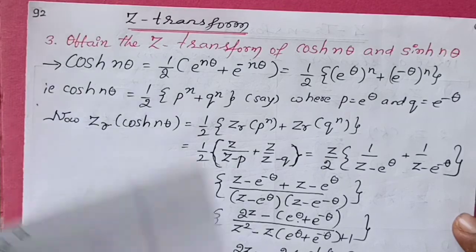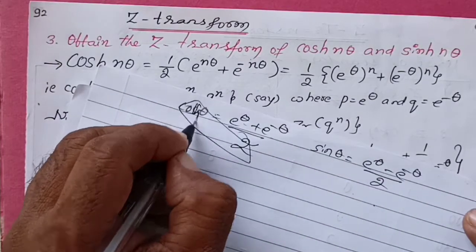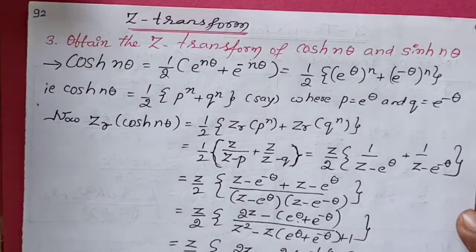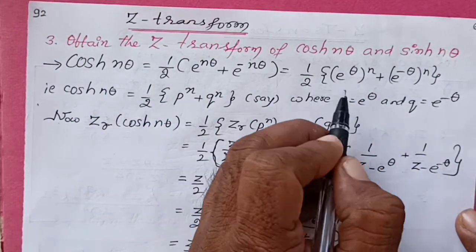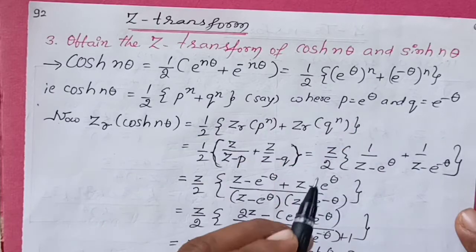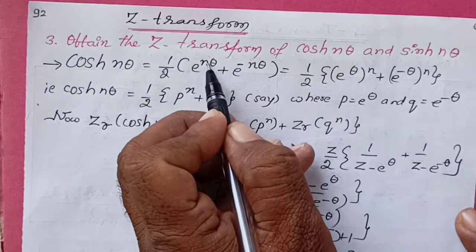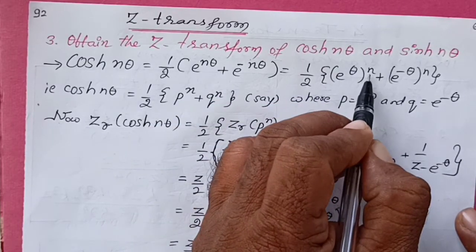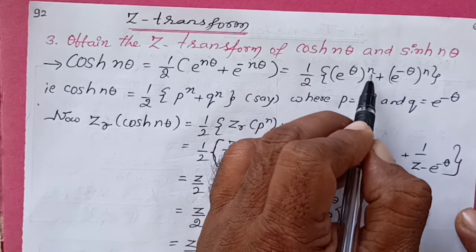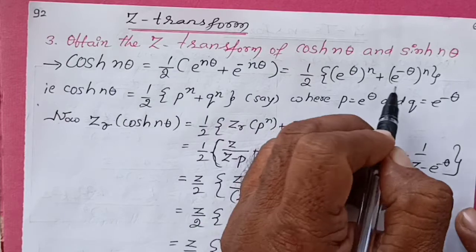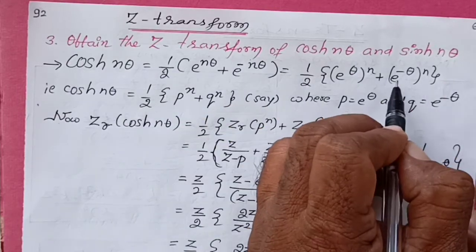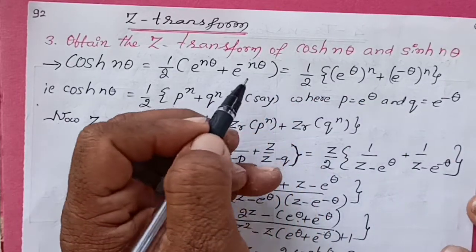Now half, e raised to theta, with n taken outside, so it becomes e raised to n theta only, plus e raised to minus theta n, that means e raised to minus n theta.